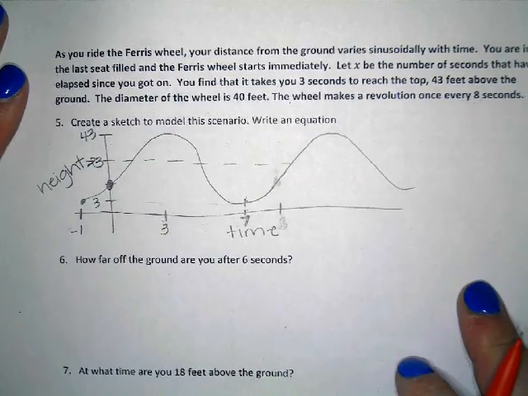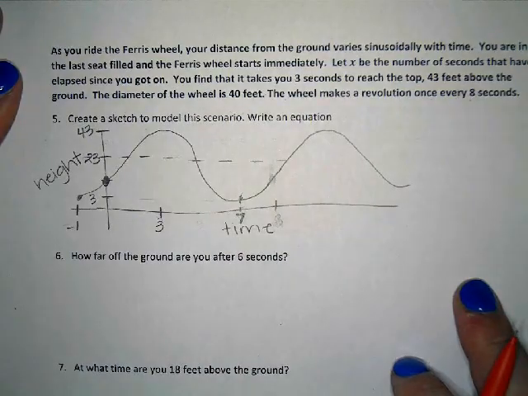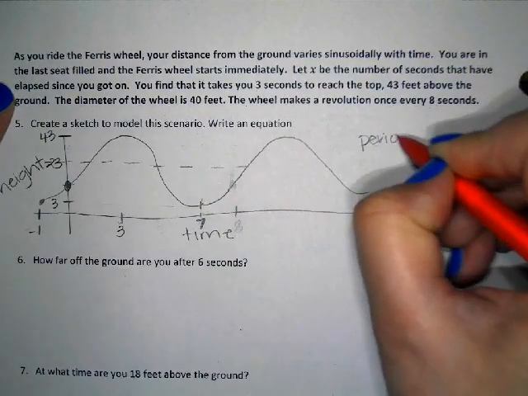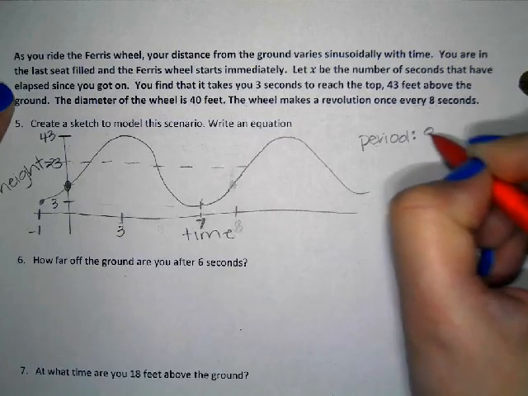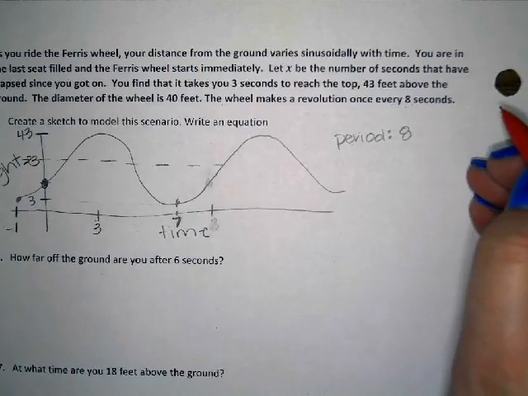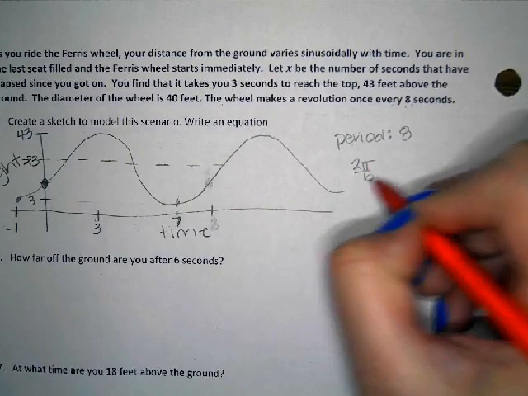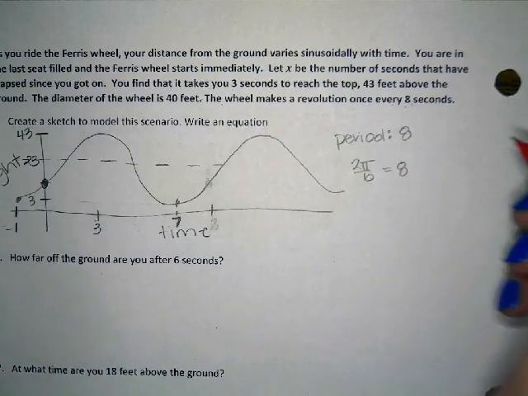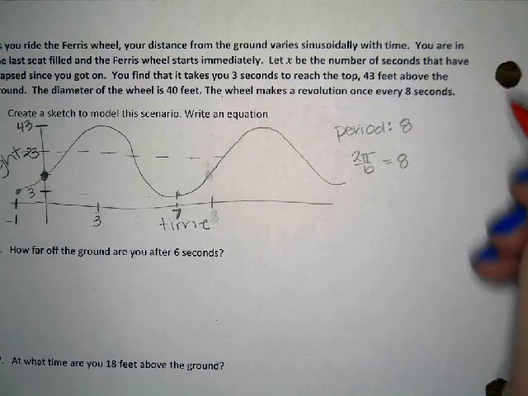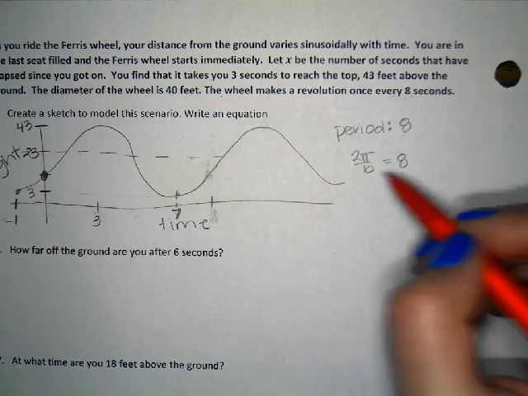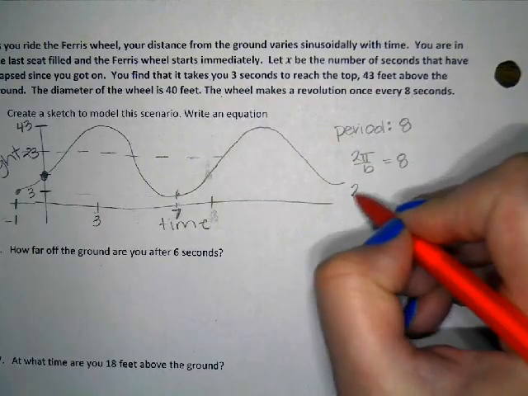We know that the period of the graph is the 8 seconds that makes a full revolution. So 2 pi divided by b is 8 seconds. And then what should we do? Multiply: 2 pi over b equals 8, so 2 pi equals 8b.